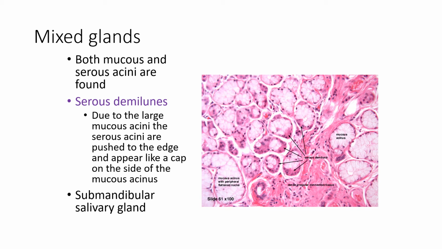Serous demilune is an identifying feature of a mixed gland. So the submandibular gland is a mixed salivary gland, and here you can see this section stained by H&E. This part is the mucus part, this is the serous demilune, right? Demilune means half moon shaped. Okay, so serous demilunes are seen in mixed glands.